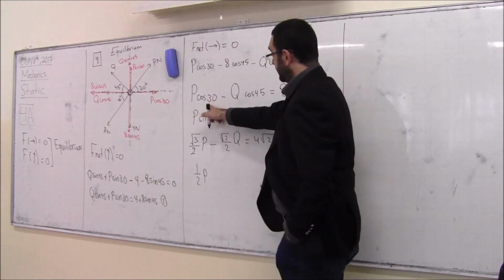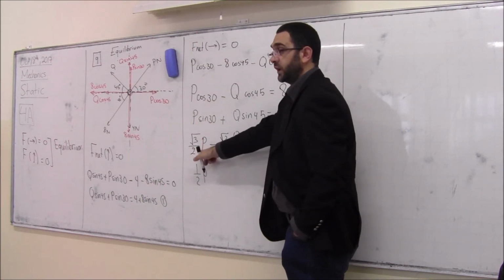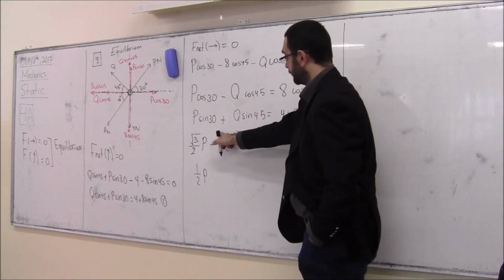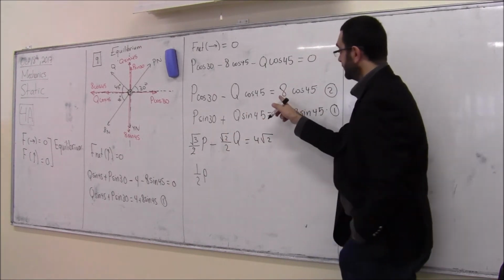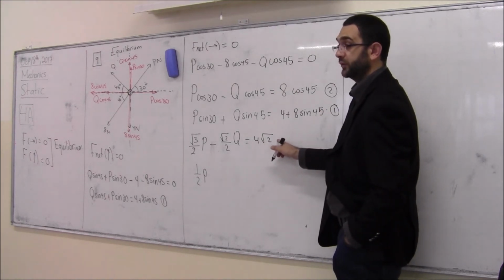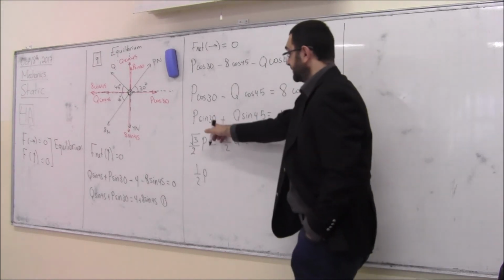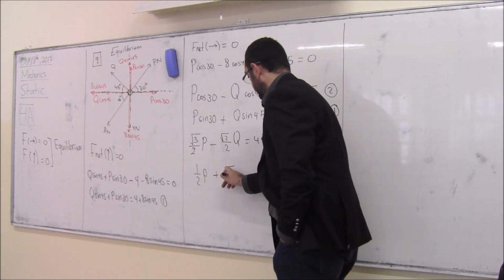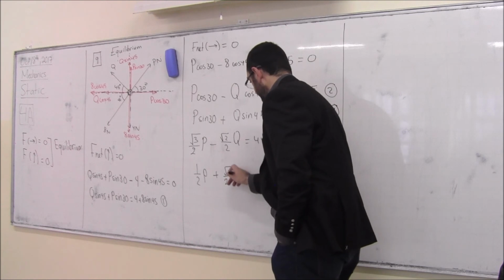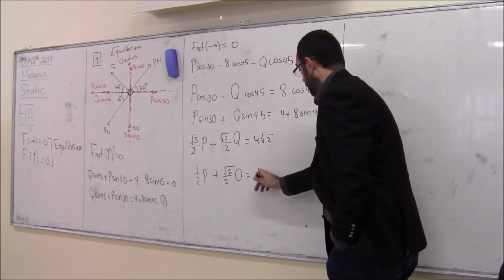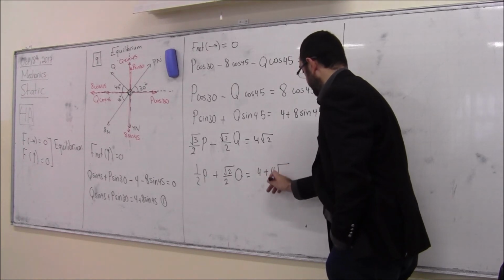Again, cosine 30 is square root of 3 over 2, cosine 45 is square root of 2 over 2. If you multiply 8 cosine 45, it becomes 4 square root of 2. P sine 30, half P, plus square root of 2 over 2 Q equals 4 plus 4 square root of 2.